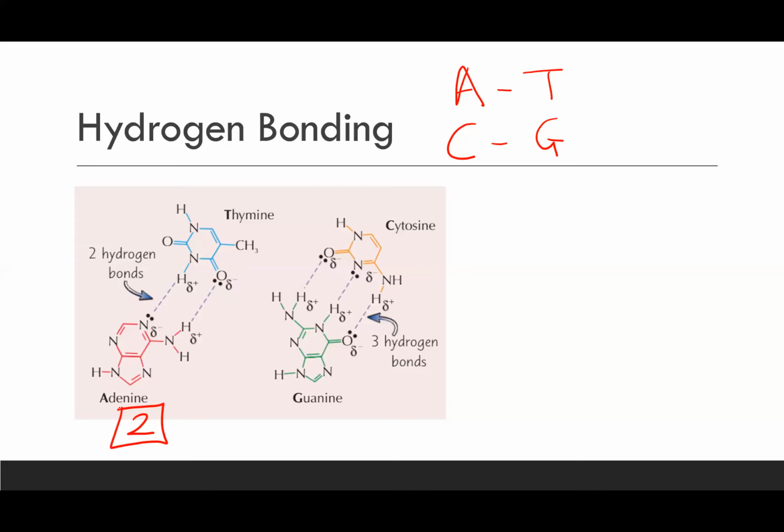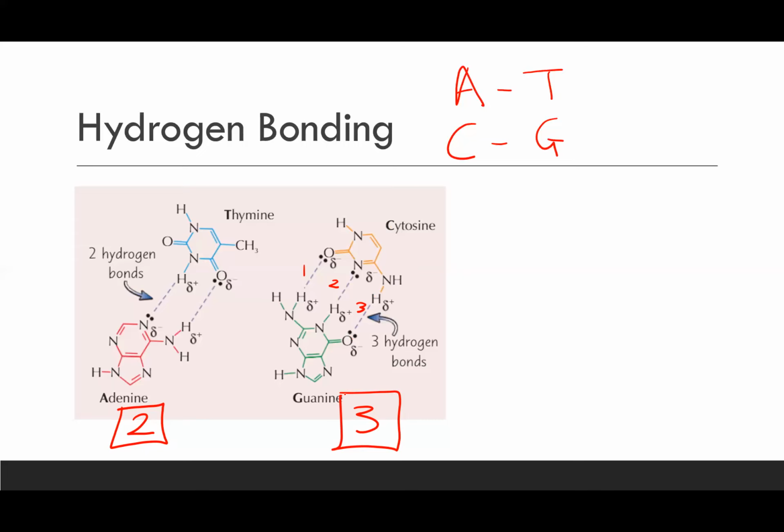If we look at guanine and cytosine, we've got a positive hydrogen here and a lone pair of electrons on the cytosine, so we get 1 hydrogen bond. We've got another positive hydrogen on the guanine and a lone pair of electrons on the nitrogen on the cytosine, so we get a 2nd hydrogen bond. And then finally, we've got a lone pair of electrons on our oxygen on the guanine and a positive hydrogen on the cytosine, so we get 3 hydrogen bonds forming between cytosine and guanine.